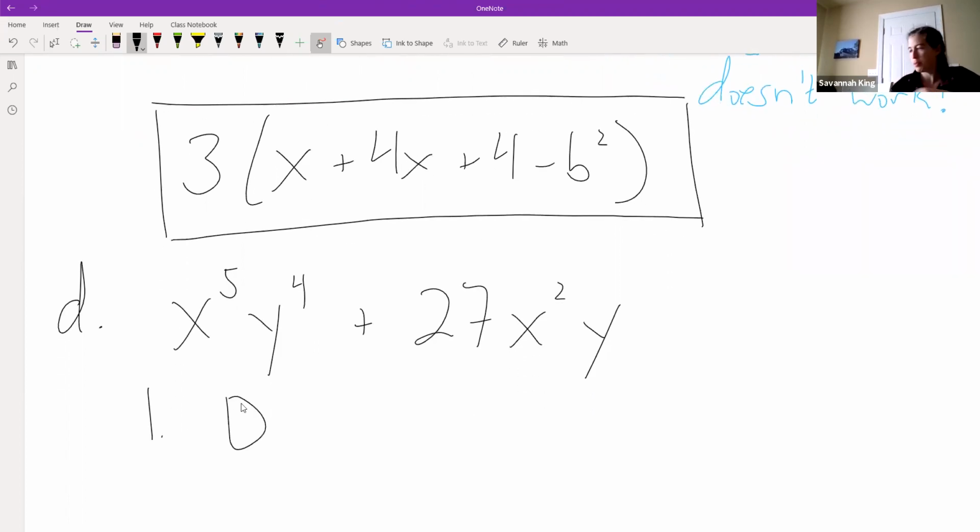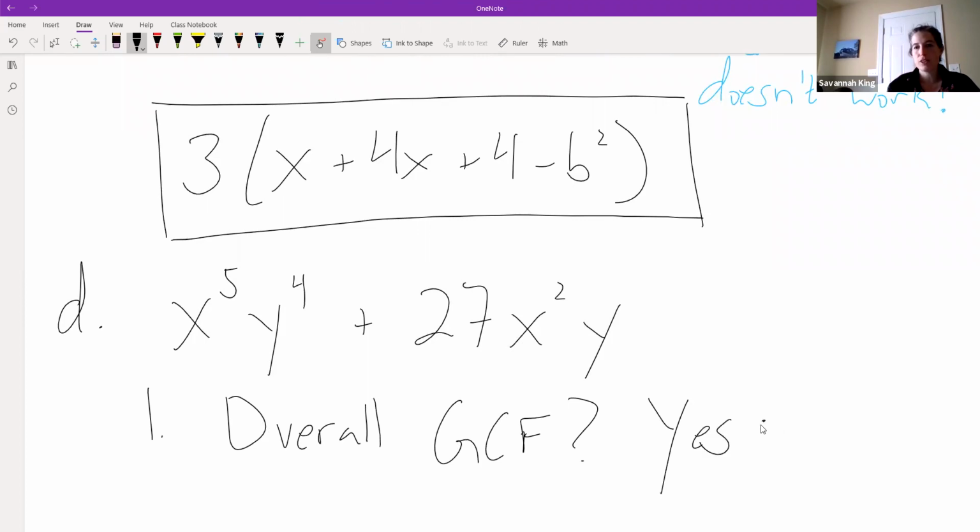Okay, so, whoops, I'm a little messy, so that's what I'm trying to do. Let's get another shot at finding an overall GCF. There is an overall GCF here. What do you think that overall GCF would be?